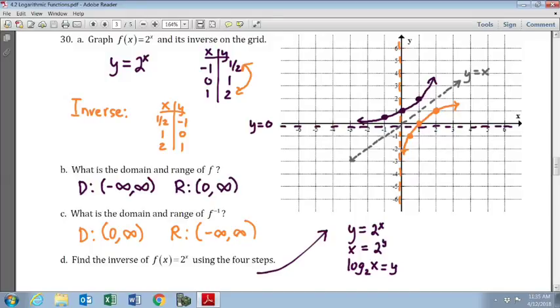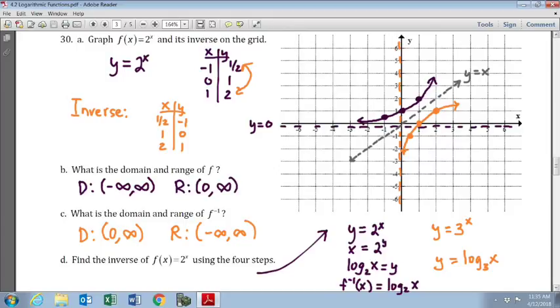So notice by changing to logarithmic form, we've now solved for y, which was our exponent. And in fact, now we can write this using inverse notation. And so this is saying that the inverse of y equals 2 to the x is the log base 2 of x. In fact, if I had y equals 3 to the x, then the inverse would be y equals the log base 3 of x.